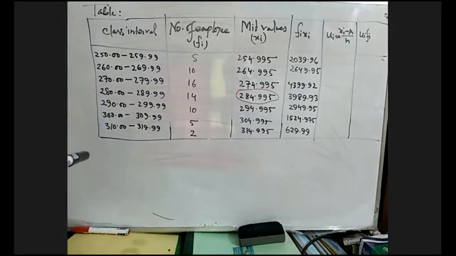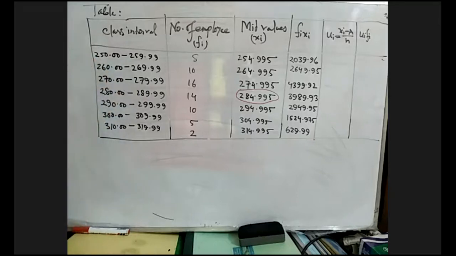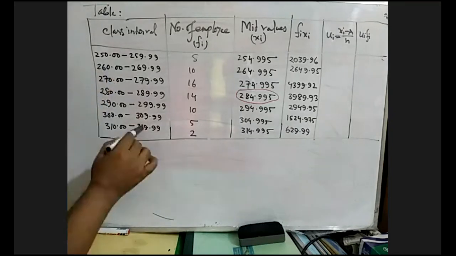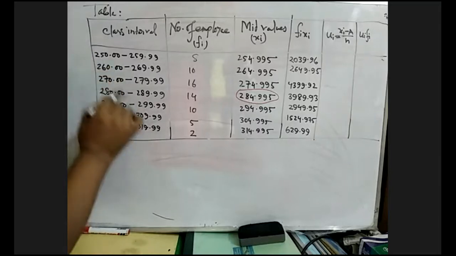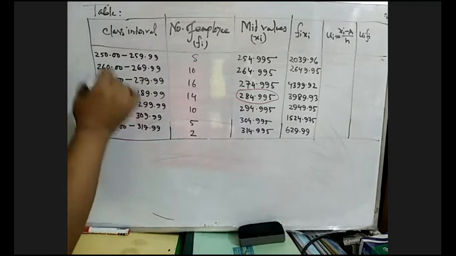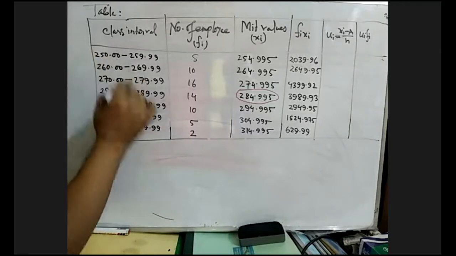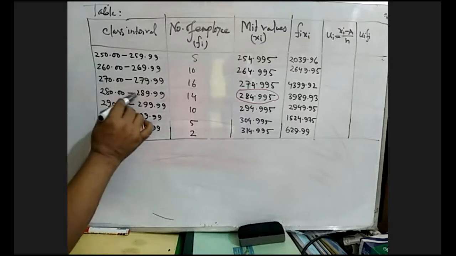So what will be the assumed value here? Actually, from the given class intervals, we observe that 250 is the lowest and 319.99 is the highest. So adding these two and dividing by 2, this will be the assumed mean, and this value lies between 280 and 289.